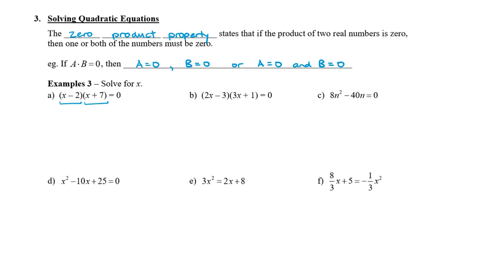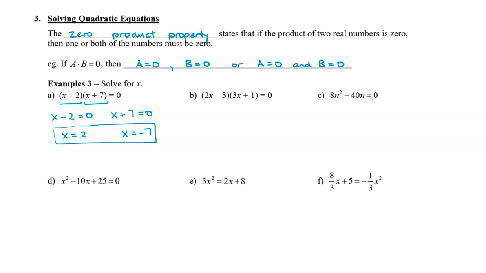Because it equals 0, either x minus 2 equals 0, or x plus 7 equals 0. Solving this little equation, we have x equals 2. And solving the second, we have x equals negative 7. So our two solutions are 2 and negative 7.